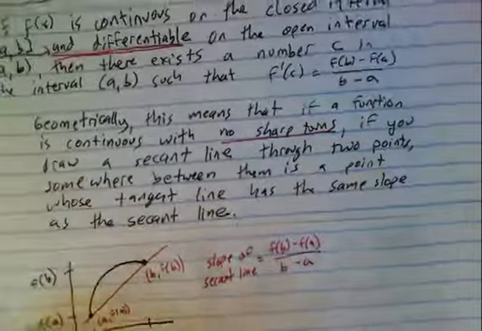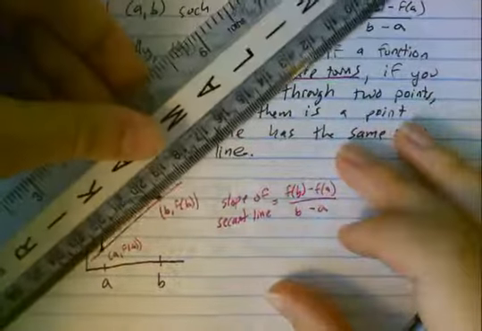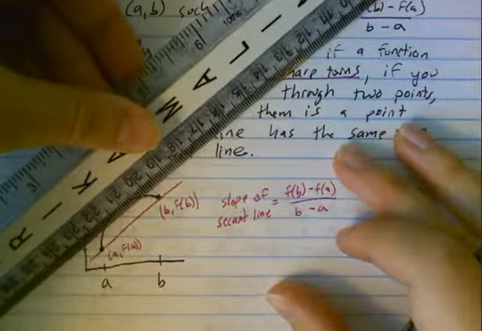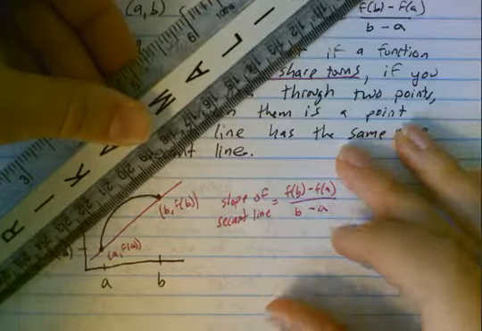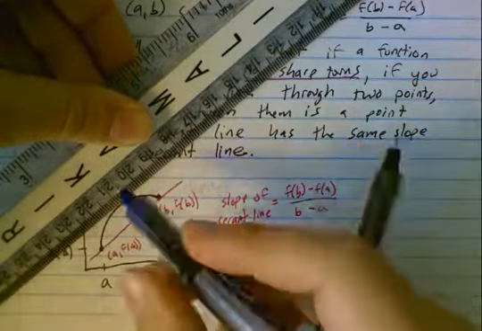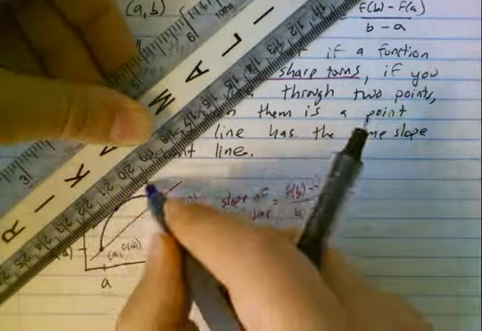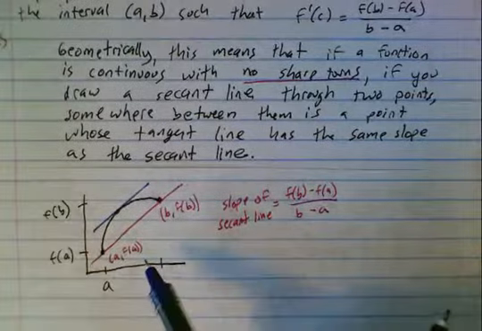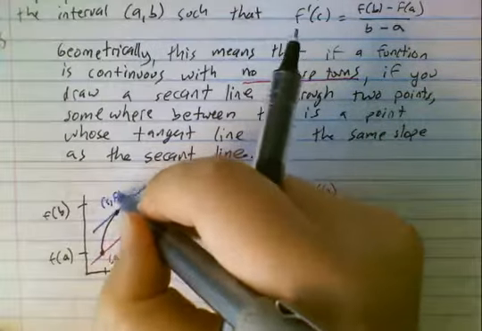Now let's imagine that we just took that and moved it up here. At some point, we're going to reach a point right here, let's say, where the slope of the tangent line is parallel to the slope of the secant line. So let's say this is the point c, f of c.